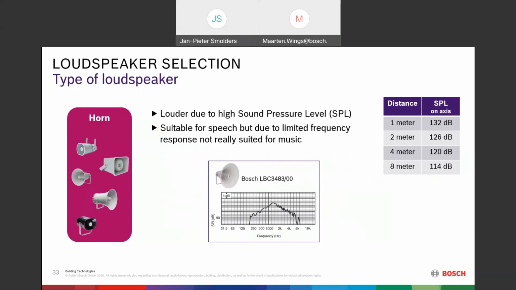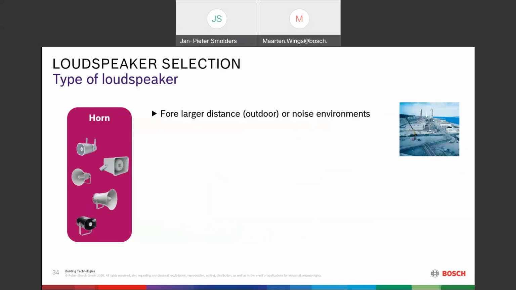It's not really good for music. Outdoor applications, noisy applications like factories. Well, the higher your SPL, the better. We have different horns with different sound pressure levels. The highest SPL can cover a larger distance, of course.